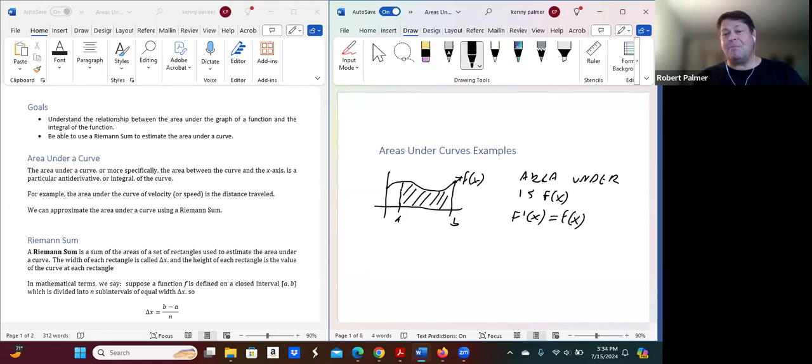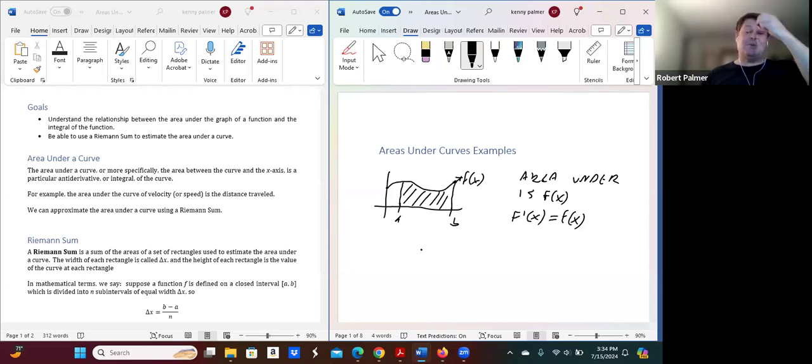So if we add up all those changes from A to B, that gives us an accumulation of all those changes, which is this antiderivative. That's what an integral is, essentially an accumulation.